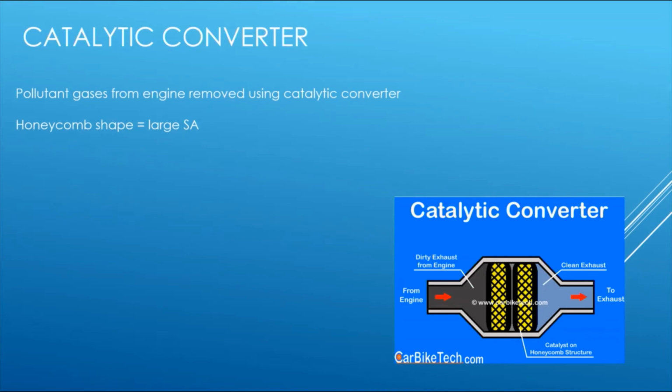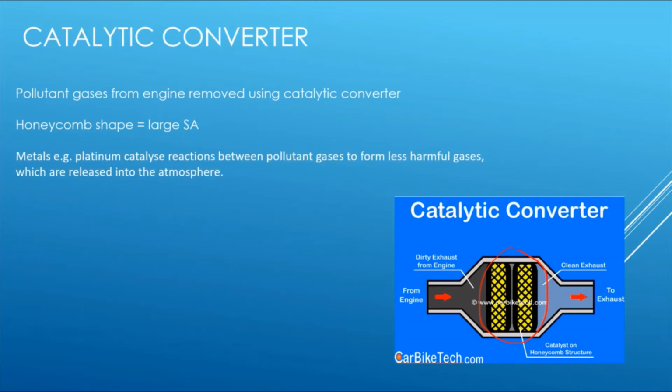It has a honeycomb shape, as you can see there, and this gives them a large surface area to be able to do their job more efficiently. And they have a metal such as platinum, which catalyzes the reaction between pollutant gases to form less harmful gas, which will be released into the atmosphere.